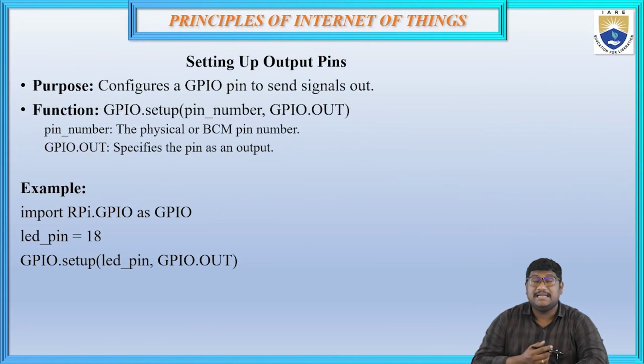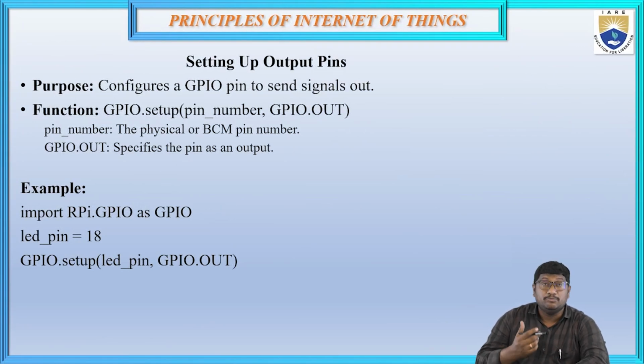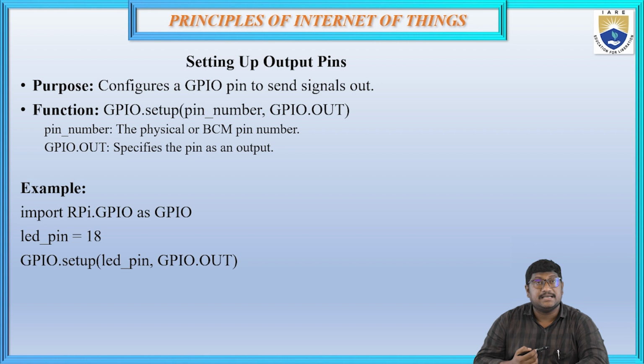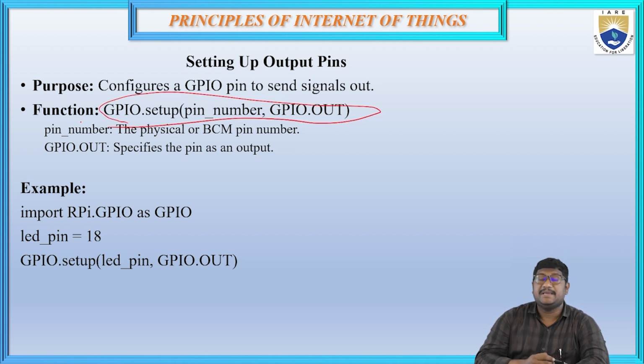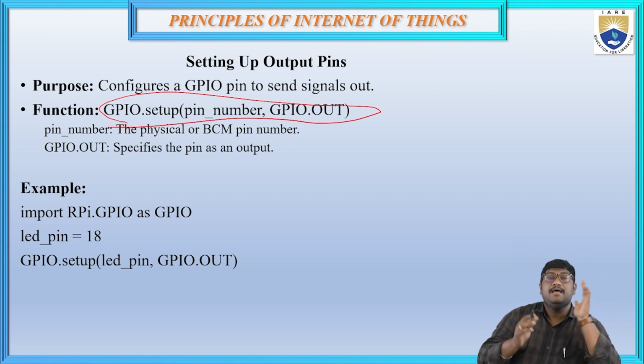And now I will let you know how to set up the output pins. The main purpose of setting up output pins is that we need to configure a GPIO pin to send signals out. The function required for this is GPIO.setup(pin_number, GPIO.OUT). Here the pin number is either the physical number or the BCM pin number.